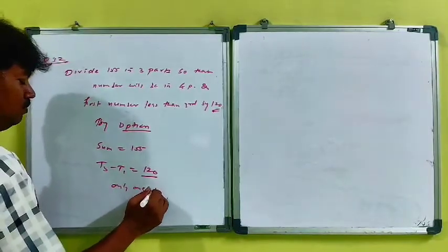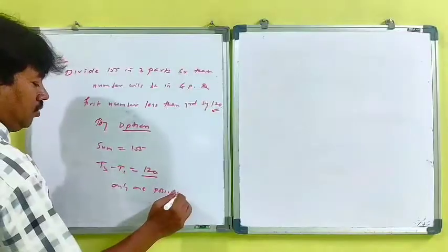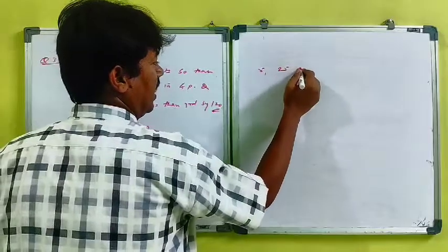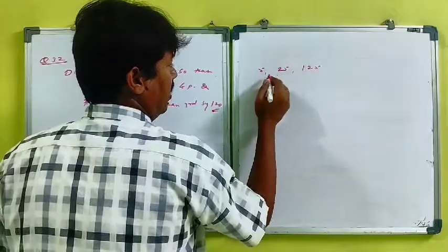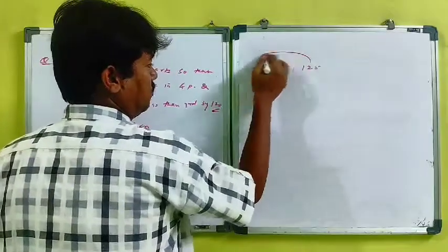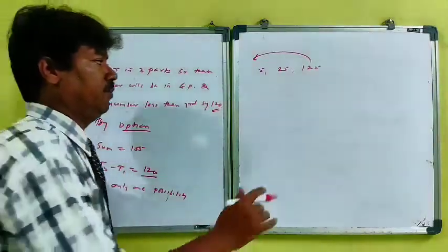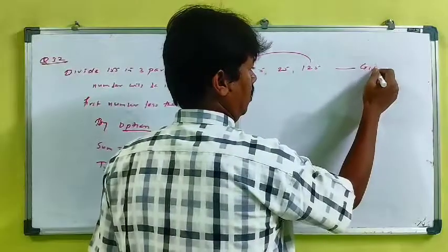Only one possibility, that is 5, 25 and 125. This satisfies, the difference is 120 and this is in geometric progression as well.